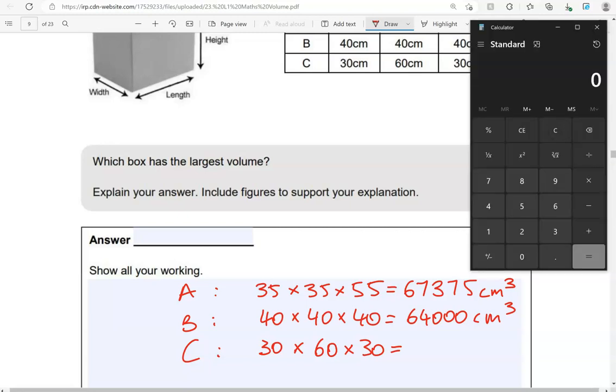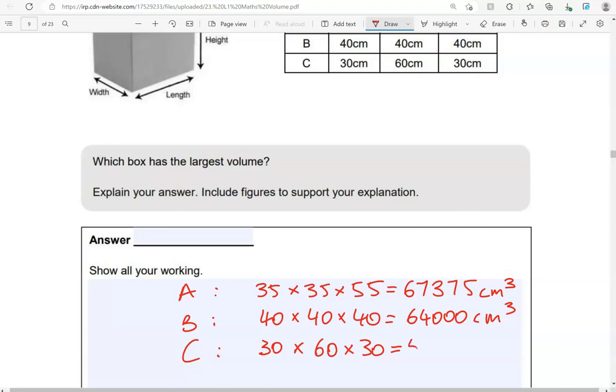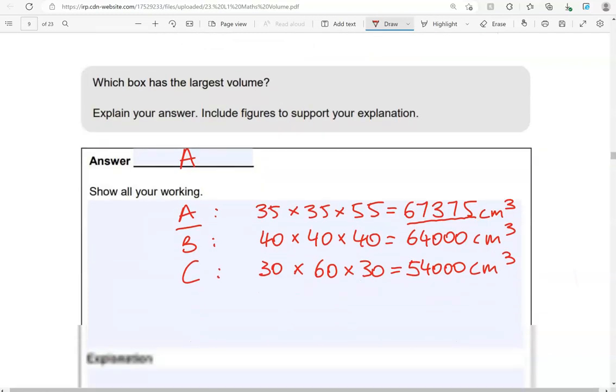So we'll do 30 times 30 times 60, which is 54,000 cubic centimeters again. Which of these numbers is the largest? That is 67,375. So that means box A has the largest volume.